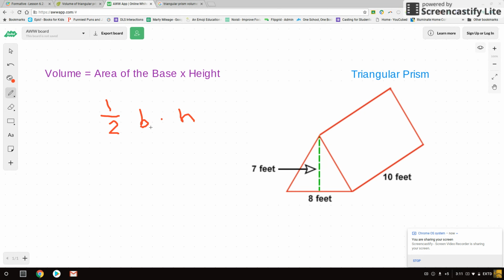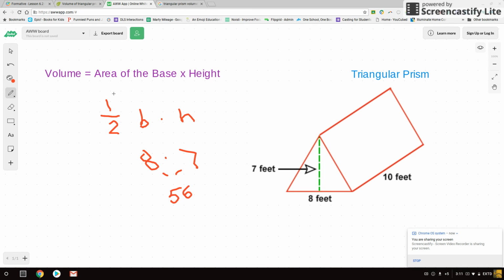So if we start filling this in, base is 8, height is 7. So our first step would be to take 8 times 7. All right, so hopefully in your minds, you know that quite well, that is 56. 8 times 7, multiply that together is 56.